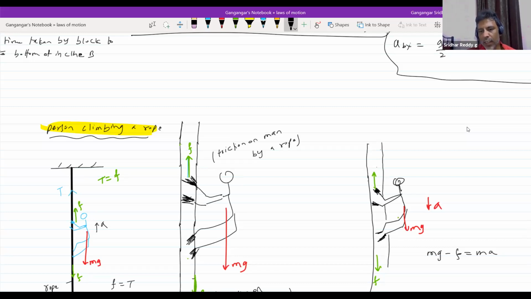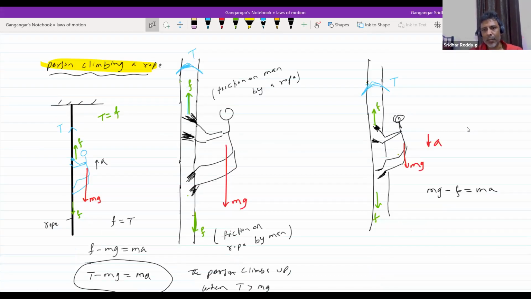To show all the forces, I'm making that rope thick. Don't take it another way. This is to show tension like this. Here also the tension. The rope is thick, no? So the diagram will end up like this. The T is equal to F here. That's the meaning of it. So whether the person climbs up the rope or slides down all depends on this condition.